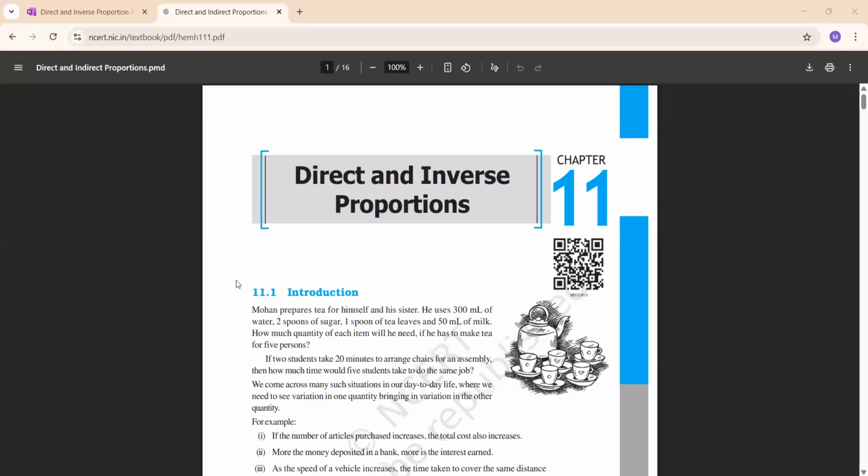Is the screen visible, Aisha? Yes, sir, the screen is ready.